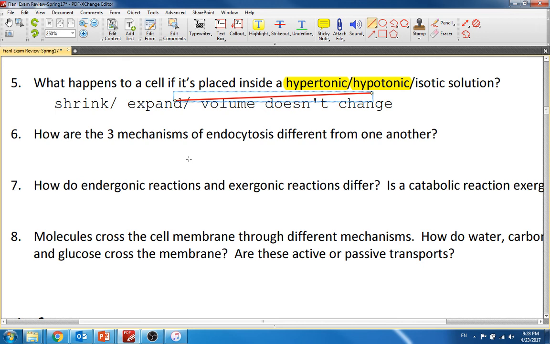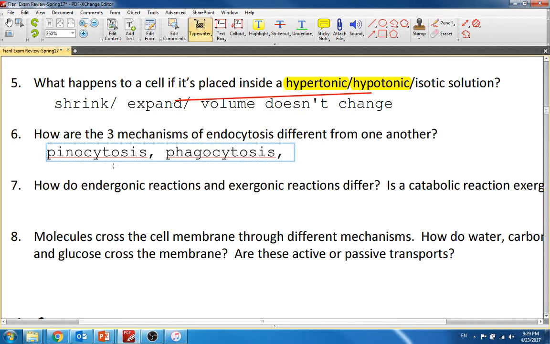Number 6, how are the 3 mechanisms of endocytosis different from one another? There is pinocytosis, when liquid or things dissolved in the fluid enter the cell. Phagocytosis is when solids, particles, bacteria, viruses are brought into the inside of the cell.